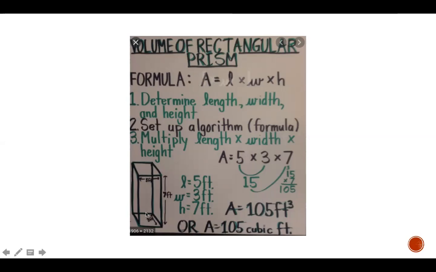In this example shown here, we have the width is 3 feet, the height is 7 feet, and the length is 5 feet. 3 times 5 is 15. 15 times 7 is 105. So we understand that the volume of this rectangular prism is 105 cubic feet. Okay.